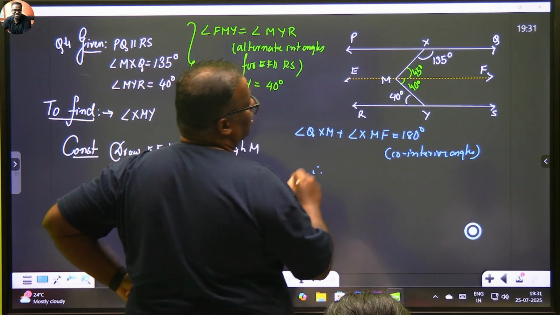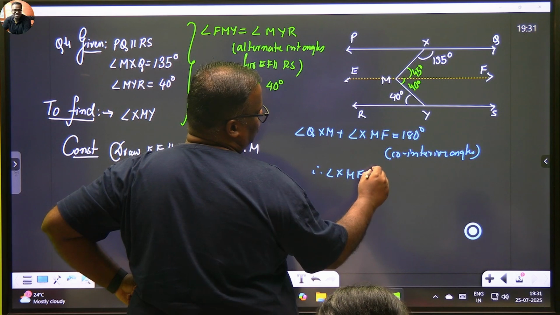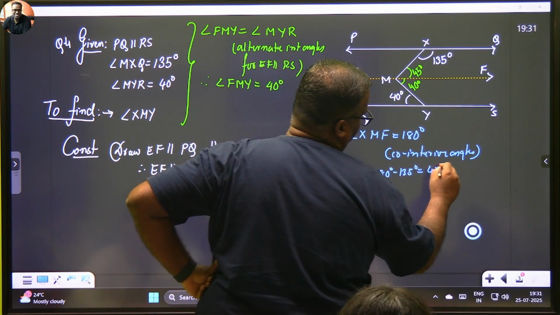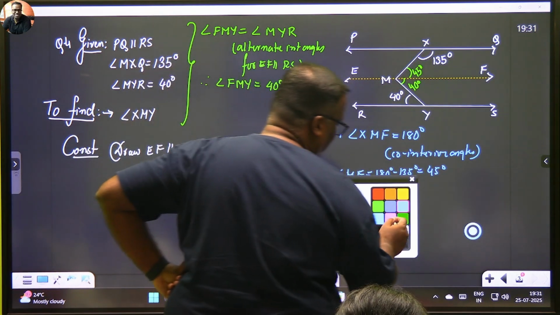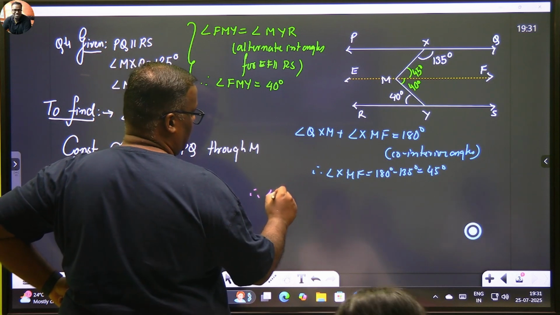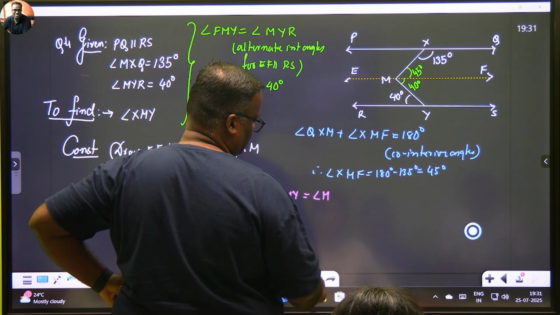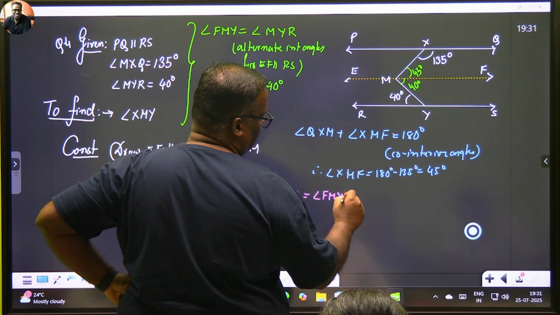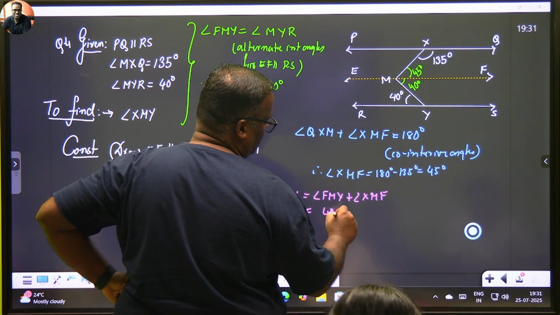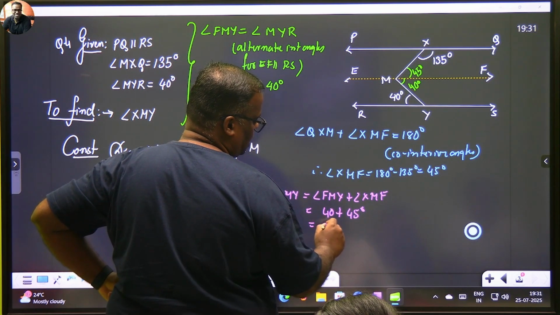Therefore, we are interested to find out angle XMF, which should be equal to 180 minus 135, which is equal to 45 degree. And now our final finding, which we have been asked to find out. Therefore, angle XMY is equal to angle FMY plus angle XMF, which is equal to 40 plus 45, which equals 85 degrees.